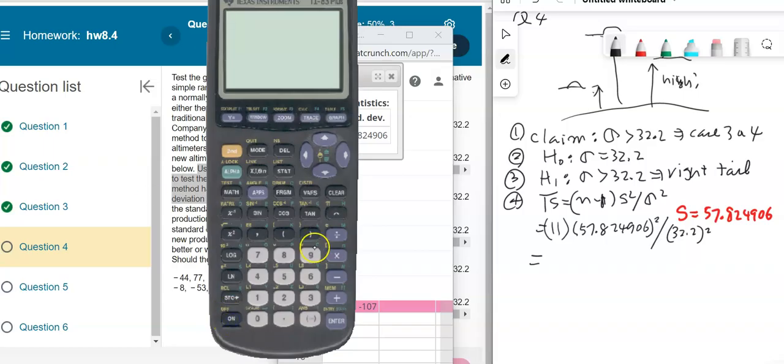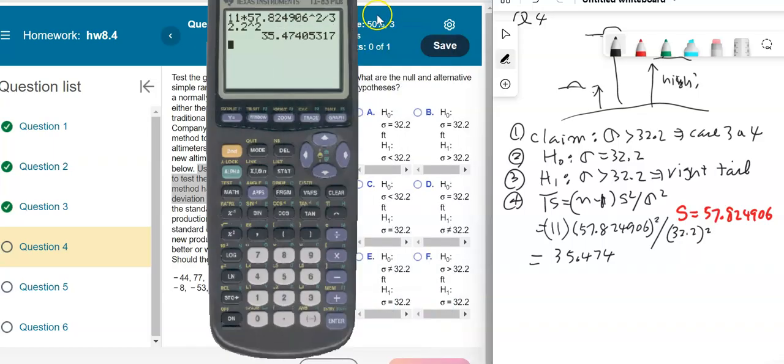Turn it on. It's turned on. 11 times 57.824906 squared divided by 32.2 squared is 35.4743.